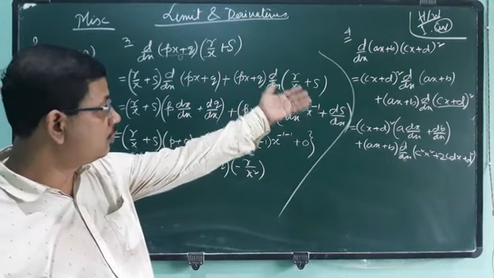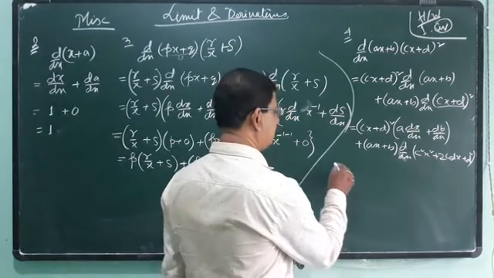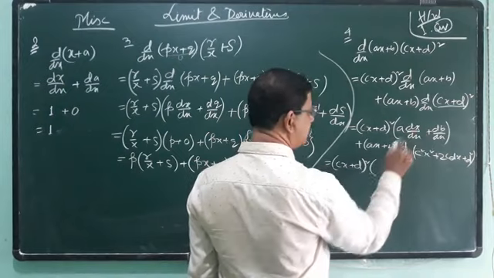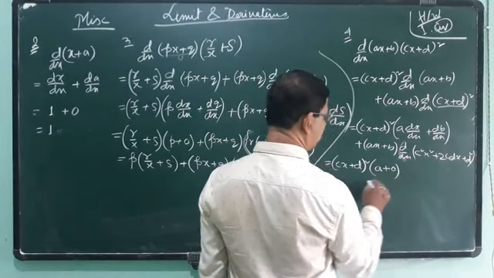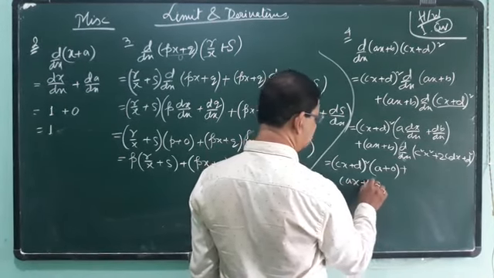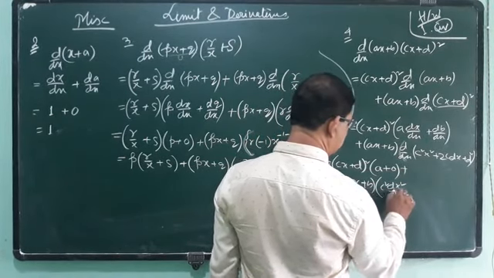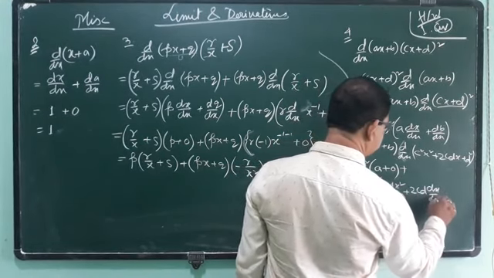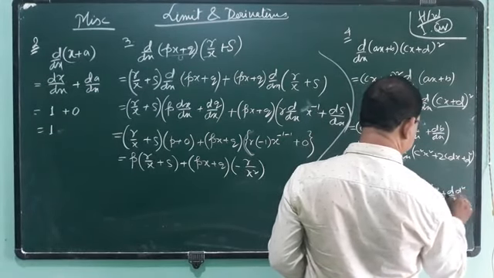So Leibniz product rule we have broken, and now this one I have broken. Now (cx + d) dx/dx is 1, so a into 1, and this is 1, 0, plus (ax + b), c square dx square/dx, twice cd dx/dx, plus d square dx.